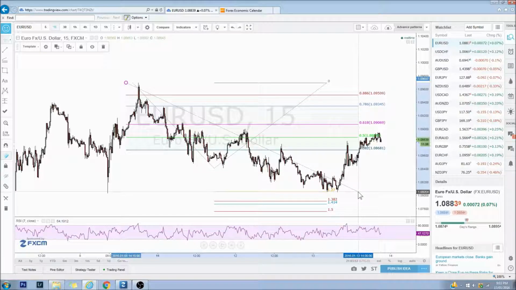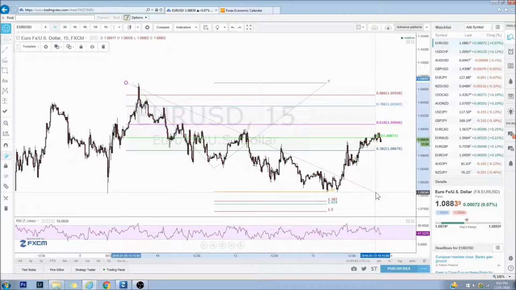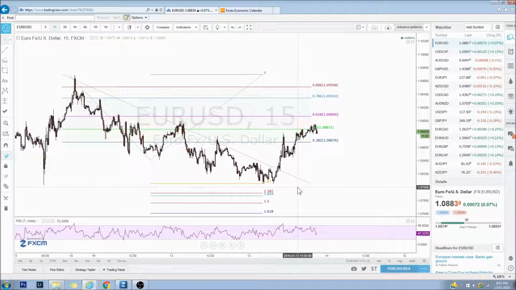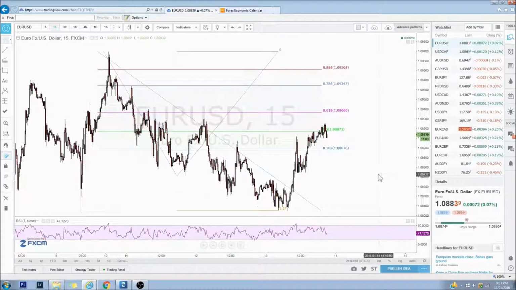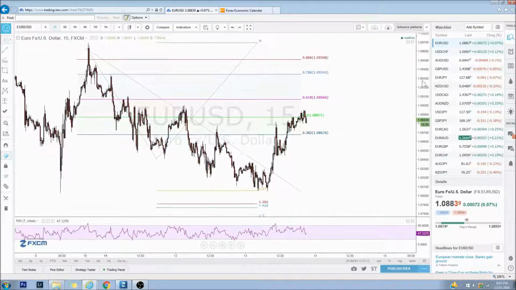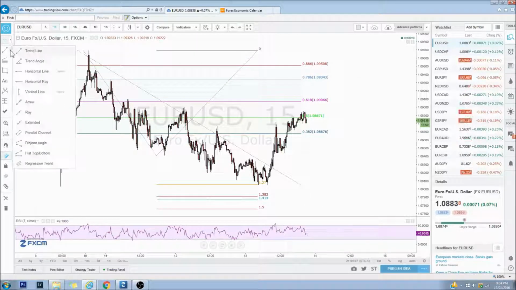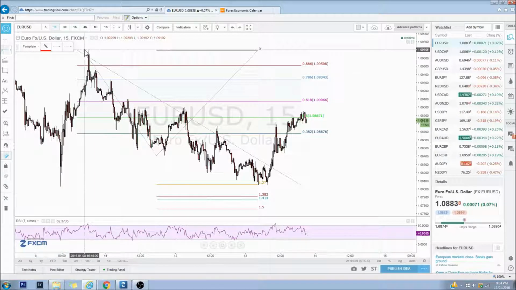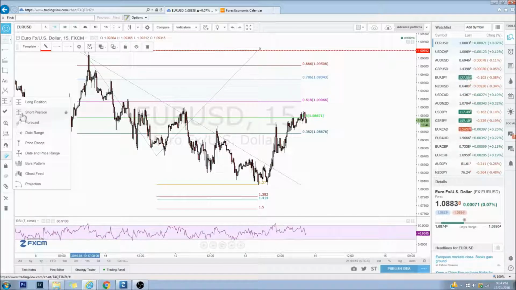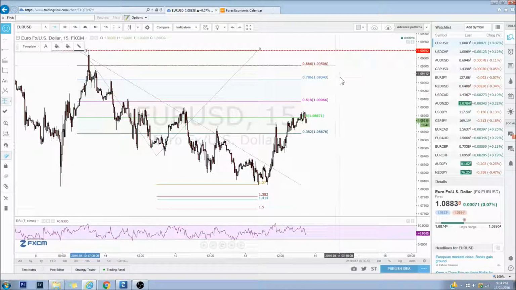And that is a possible cipher pattern. Now this one's the sell, and it's got to reach up to the 786, and your stops are above the X point. So your stop's above there. And this is a little bit smaller because it's on a 15-minute.